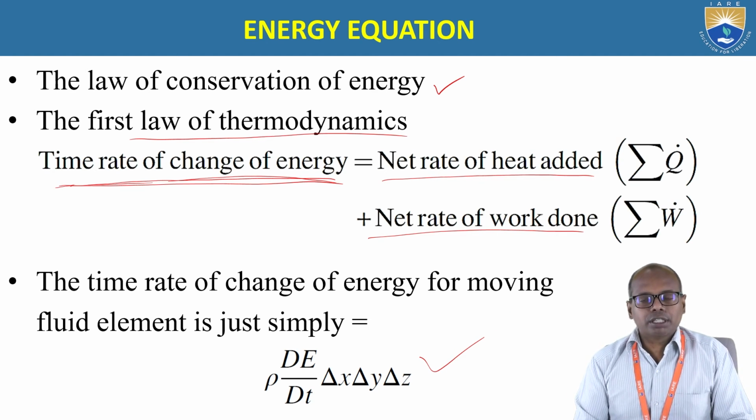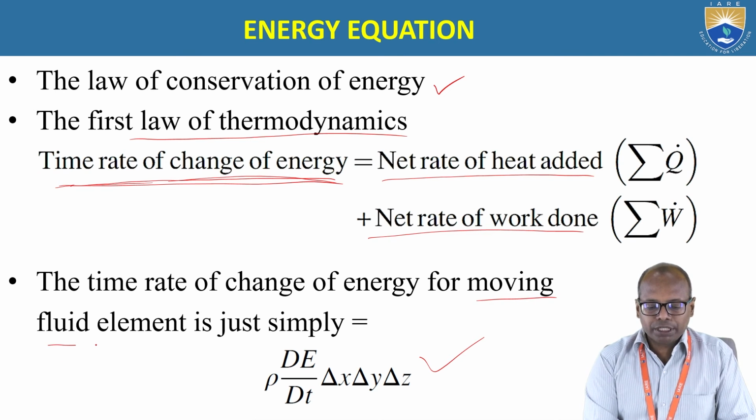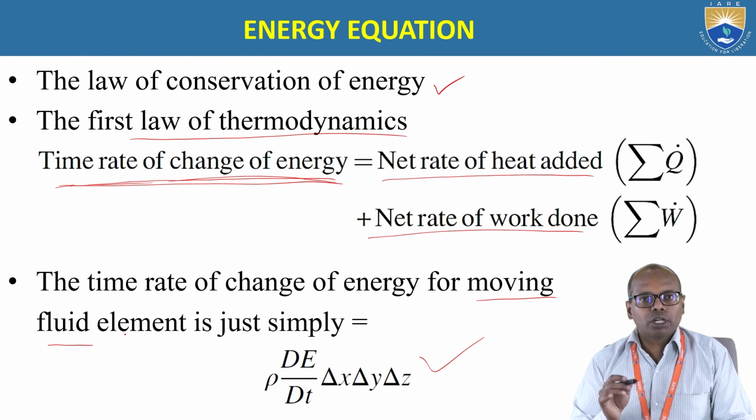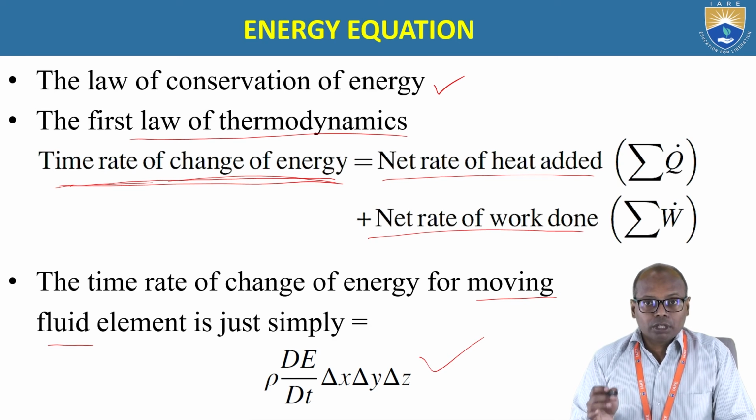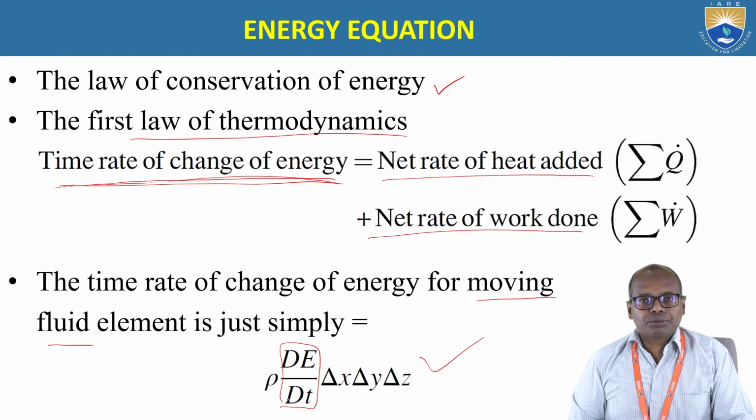What is the time rate of change of the moving element? Again I am saying, the element which is moving with the fluid is the model we are taking. Now the time rate of change of the element is given by the substantial derivative DE by Dt.